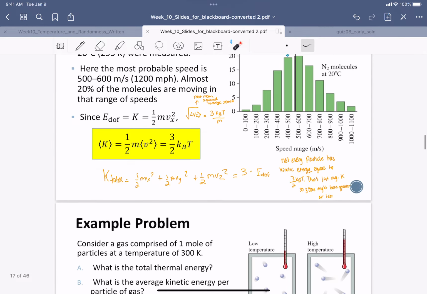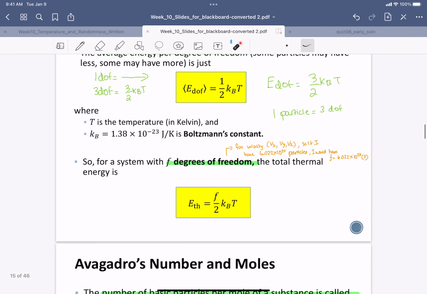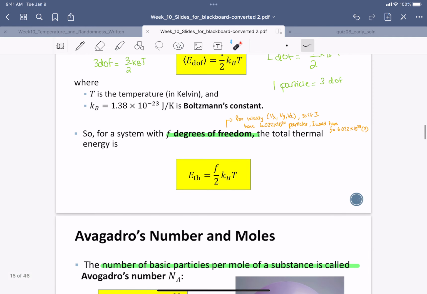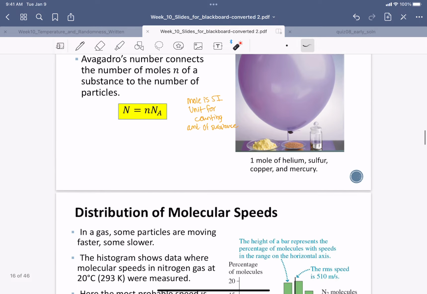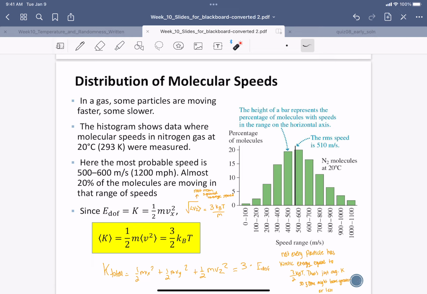And to not get confused, because they had K here and they had E here, the E here is just denoting a general energy. But when you have an ideal gas, there's really not much potential energy, because the particles are just moving all over the place.